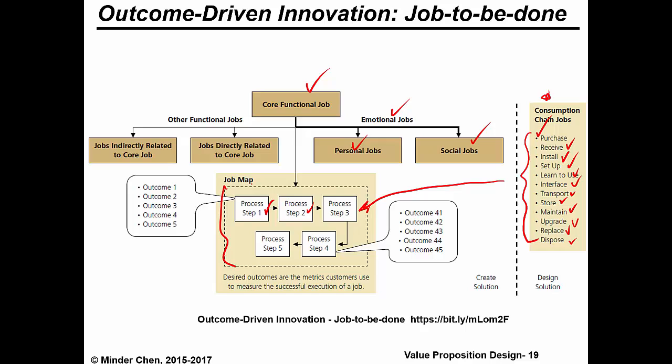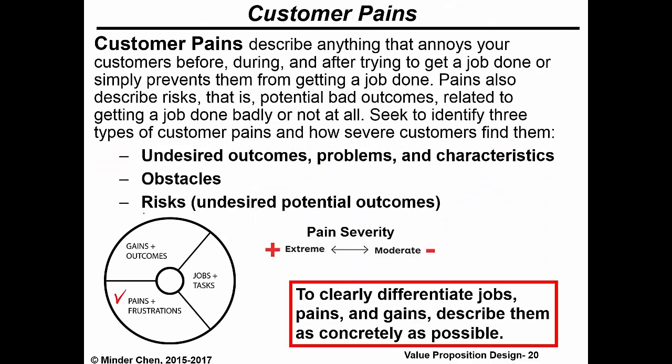Okay. And then in each of the steps, we can analyze what kind of outcome people expect out of the steps. So let's look at the second component, which is the pain or frustrations. It's a good starting point to look at the undesirable outcomes, problems, obstacles, and pains that the customer is facing, or certain risks or undesirable potential outcomes that the customer tries to avoid.